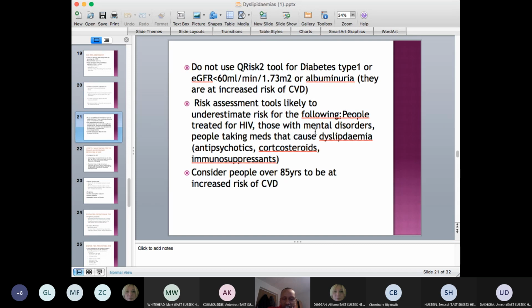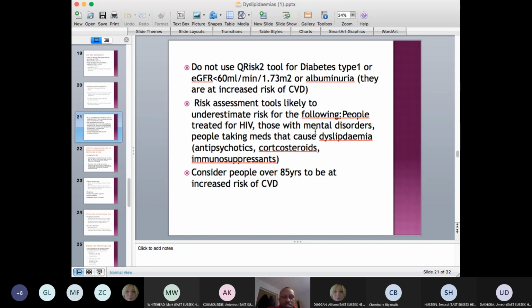There are some people, however, where these tools do not apply. For example, if you have type 1 diabetes mellitus, or a low eGFR, or albuminuria, these people are normally at increased cardiovascular risk.